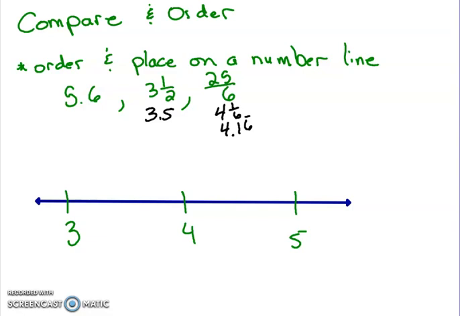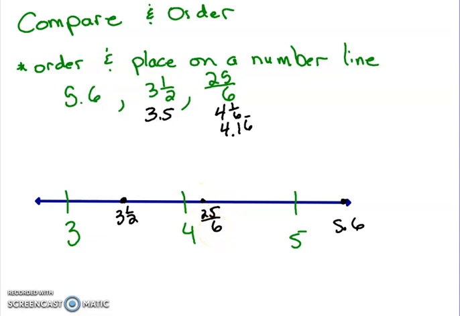And so then if we place them on a number line, 3.5 would be about here. And then 5.6 would be approximately here. And then 25/6 would be here.